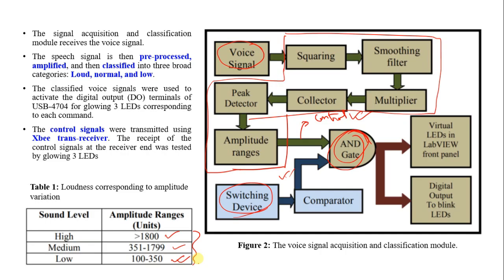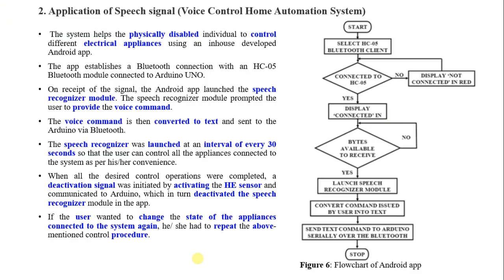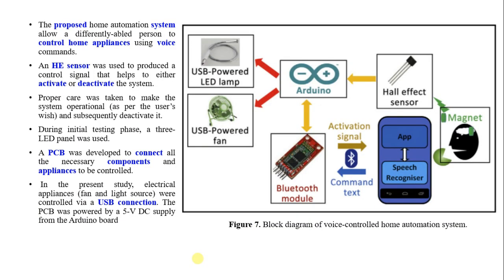Now next is an application of the speech signal, where we can devise a voice control home automation system. So how can you do it? Here is the block diagram. You have a Hall effect sensor connected with the Arduino, which is basically the microcontroller, and it will take the decision on your behalf.